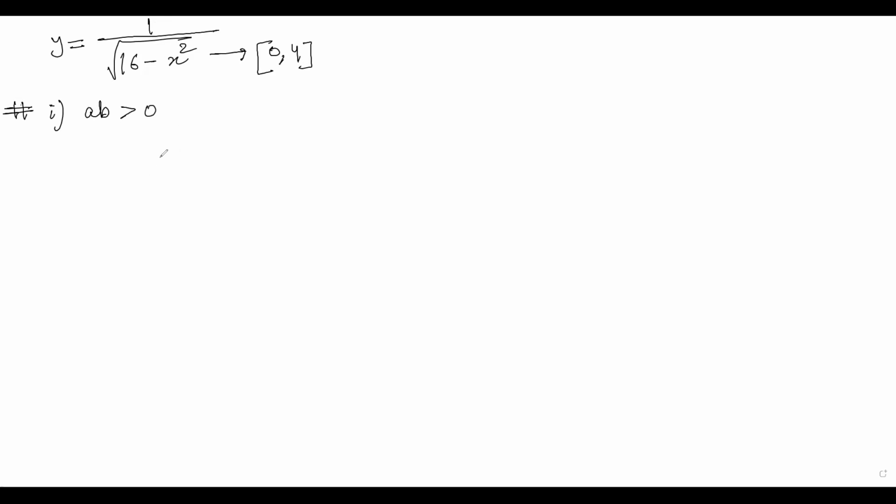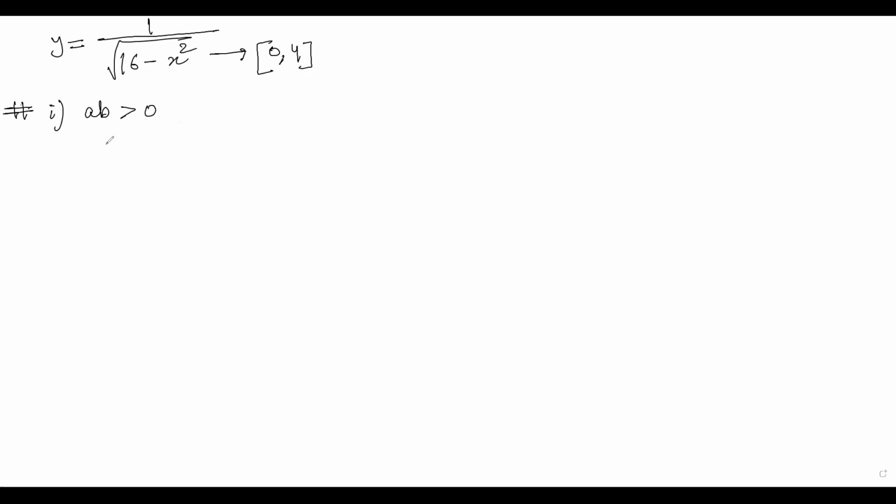Now, if I tell you that there are two values A and B, and the product of both of them is positive, so what do you understand by this? If I tell you AB greater than 0, can you derive any inference about A and B?